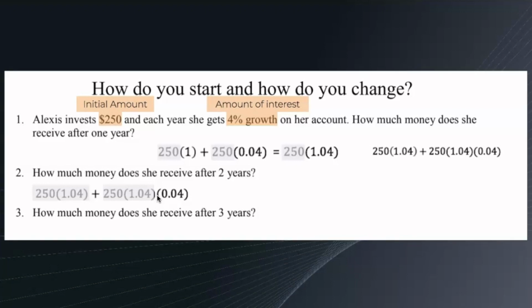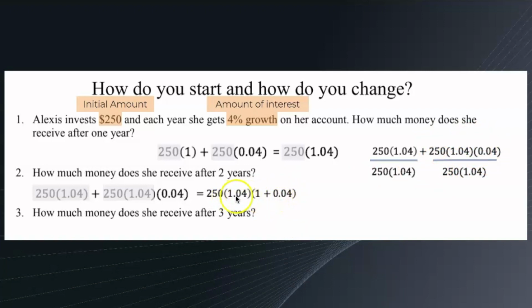So if we factor out that piece, that is our common factor, so that comes first, and then what we have left when we divide this would be the 1, and then when we divide this would be the 0.04.